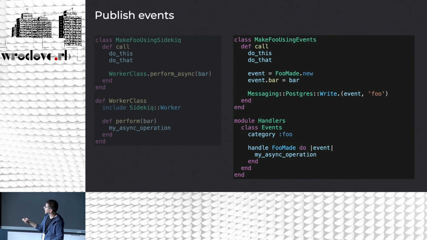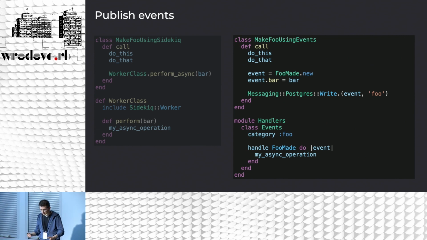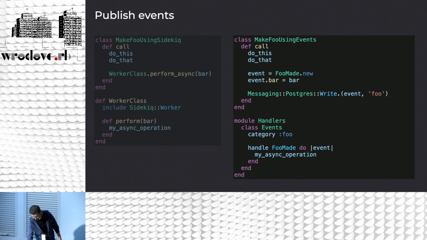And just like that, your service doesn't have to know what's the next step. You've just decoupled this from this, and you don't have to have one subscriber, you can have more. So we've just achieved an event-driven architecture in our Rails application.